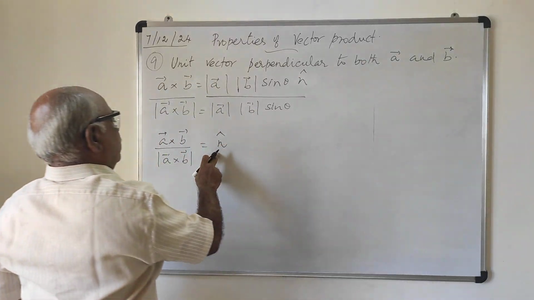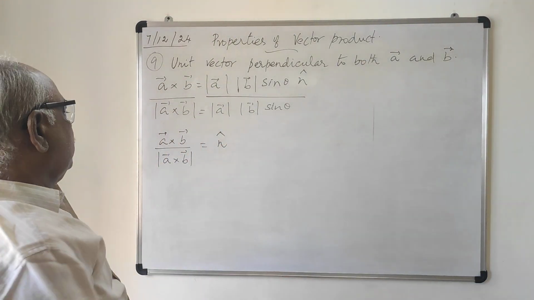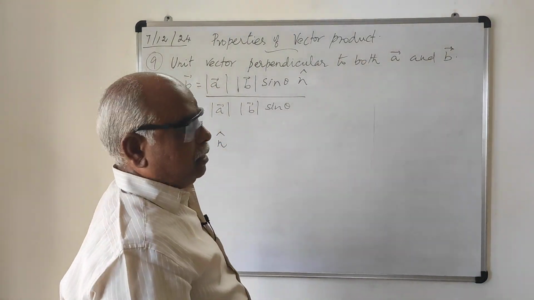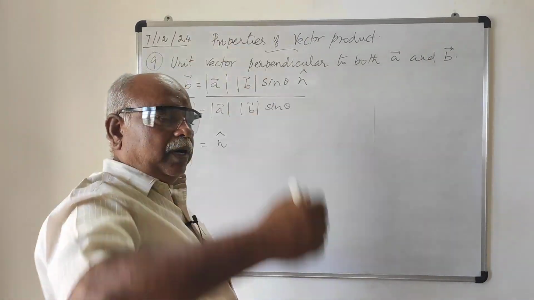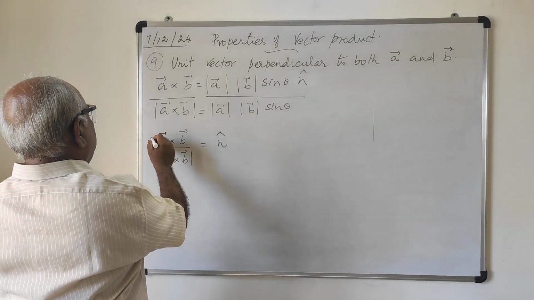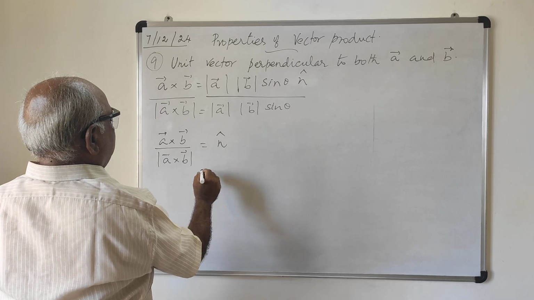n cap is a unit vector perpendicular to both A and B. The formula is A cross B by mod of A cross B. Since n cap can point either up or down, it can be expressed with a plus or minus sign.